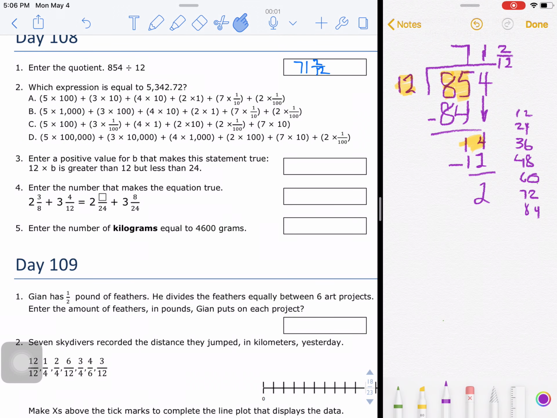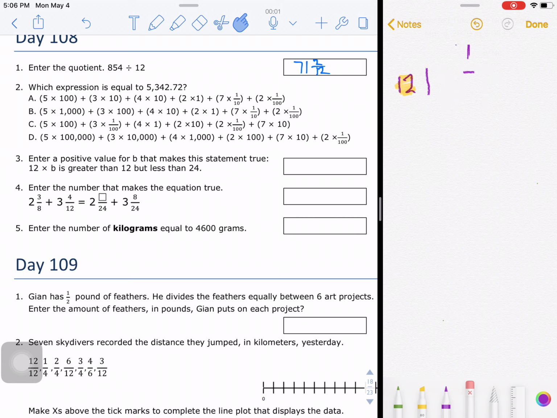All right, let's take a look here at problem number 2. Which expression is equal to 5,342 and 72 hundredths? Well, as I look at this particular problem, I see that I have 5 in the thousands place. And the only one of these that has 5 thousands is right here, B, 5 times 1,000.